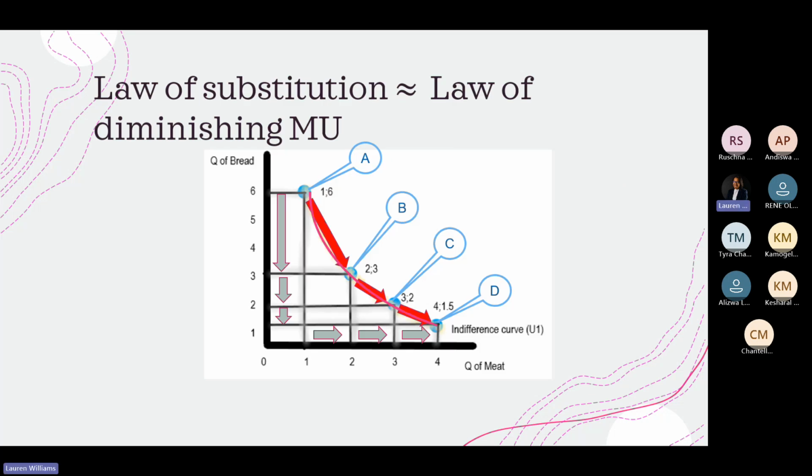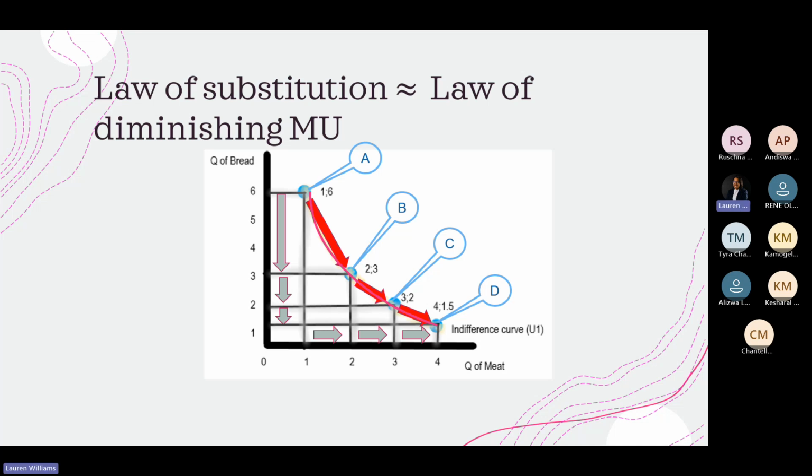So then we have the law of substitution or the law of diminishing marginal utility. So I will also use the word marginal going forward in the next couple of chapters as well. The word marginal means additional.